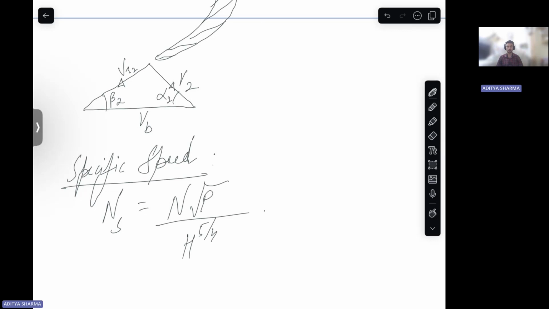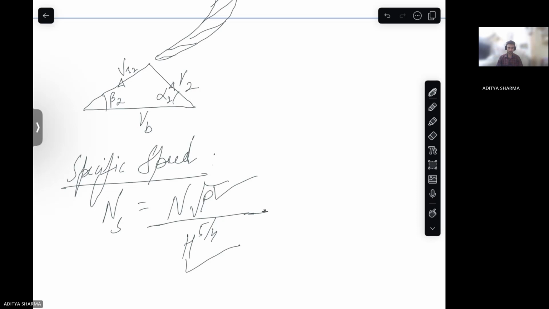So this is basically your specific speed for hydraulic turbines. Your RPM has been related to your power first of all, and then your head. This way we can compare different turbines based on the specific speed.